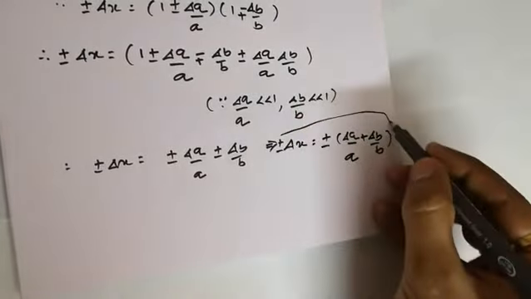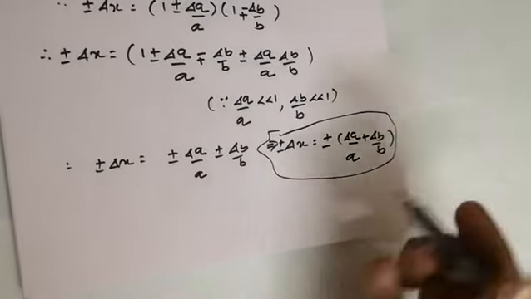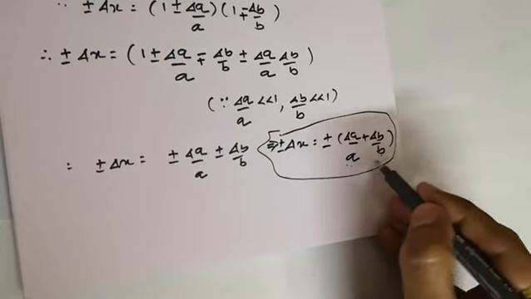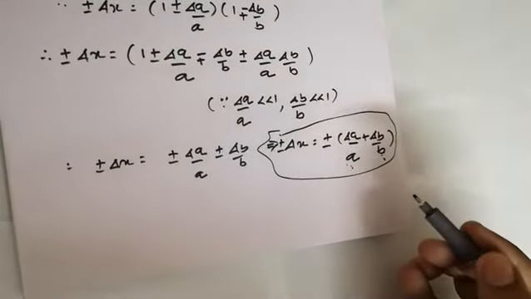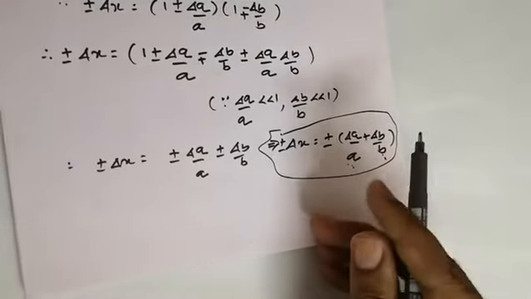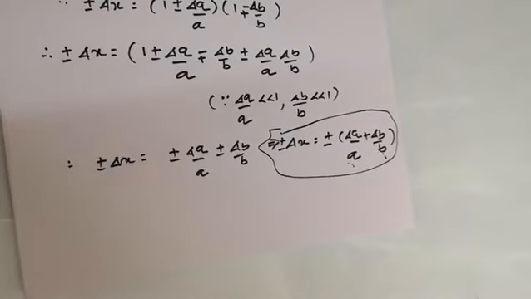So we may arrange these terms and write delta x by x equals plus or minus delta a by a plus delta b by b. This is the same course as we have just discussed in our multiplication rule, that it is a sum of our observation errors, the sum of absolute errors, equals the net sum. So this is the rule which is called our division rule.